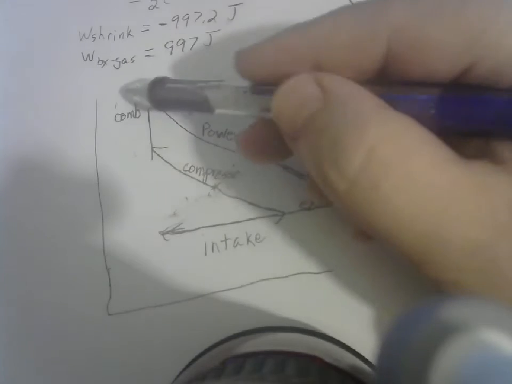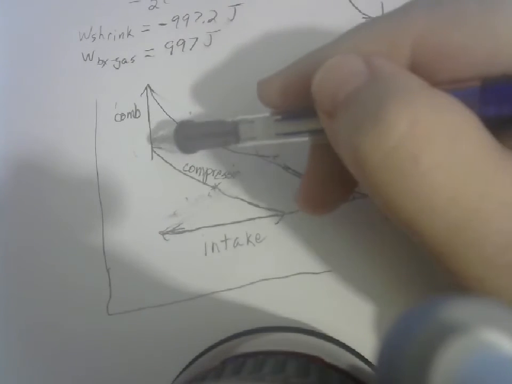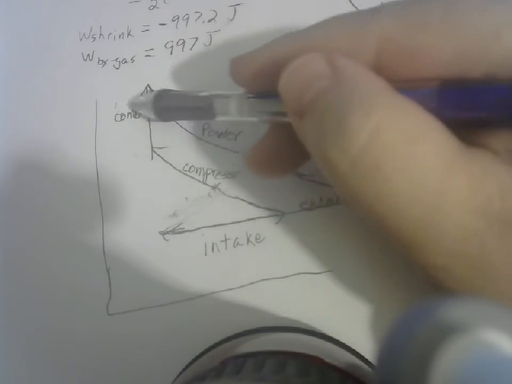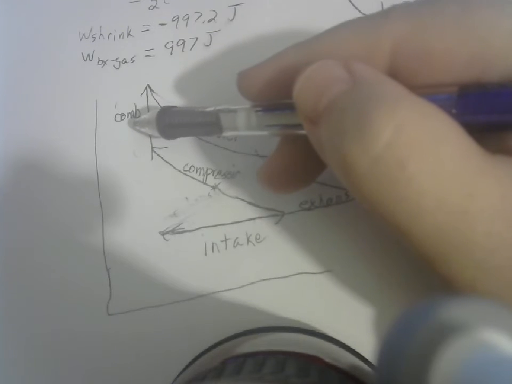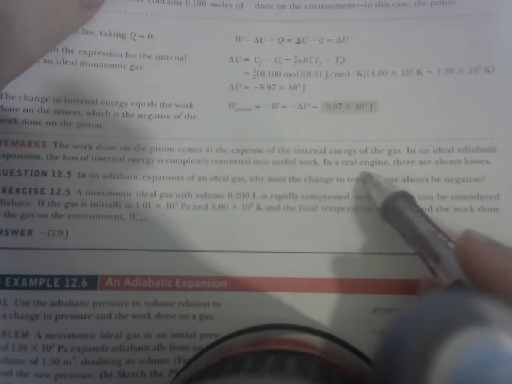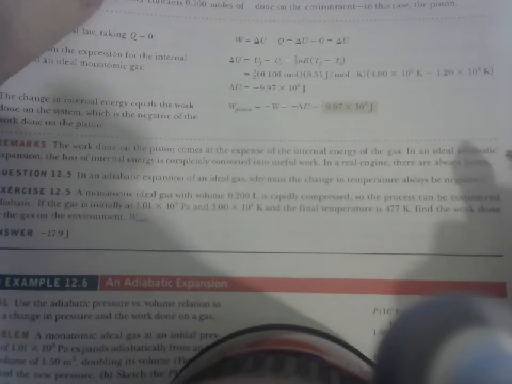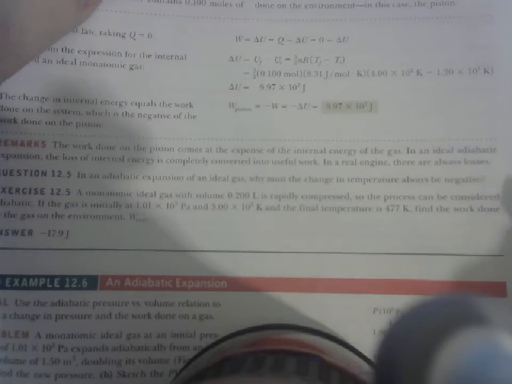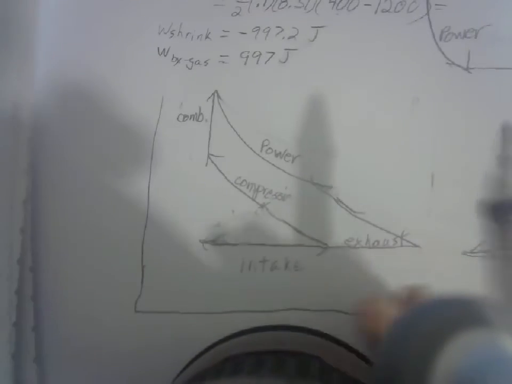However, we're getting a whole lot of energy from the potential energy, I guess you would call it chemical energy, available from the gasoline and petrol or whatever. So I just wanted to give an idea where it says in a real engine there are always losses. Where are most of those losses?